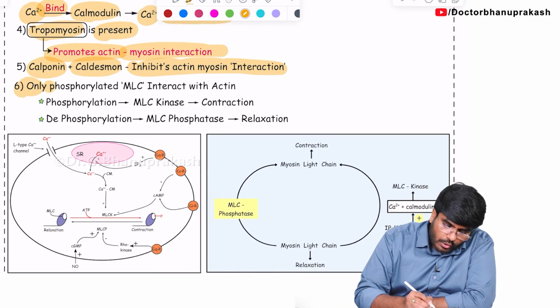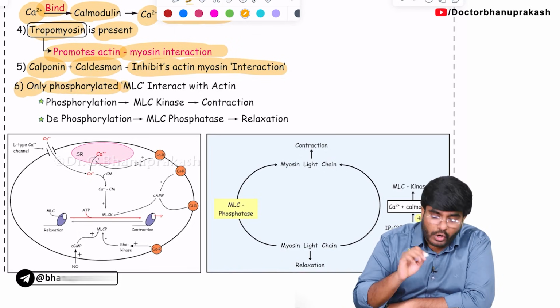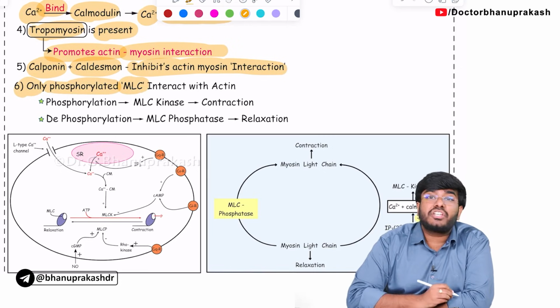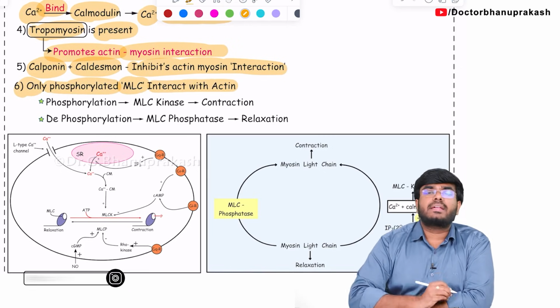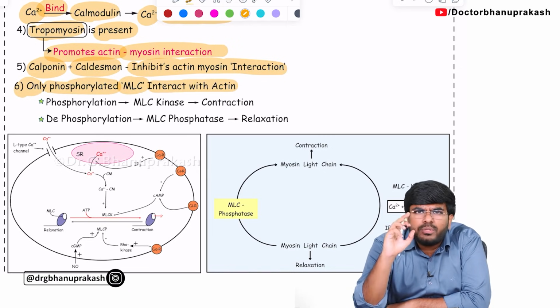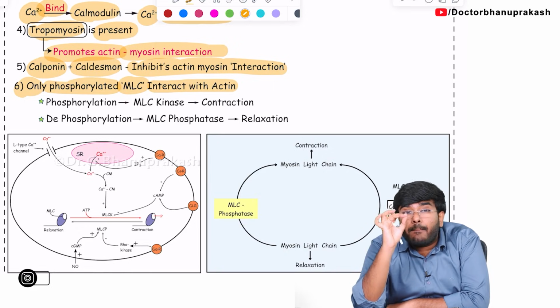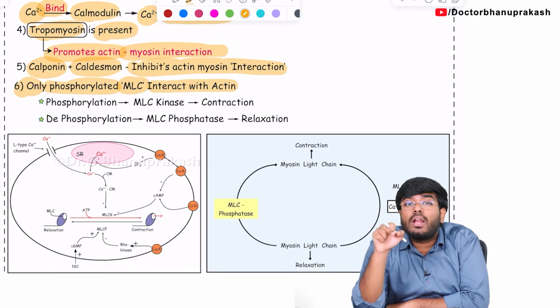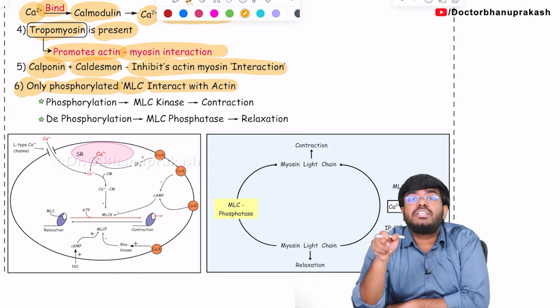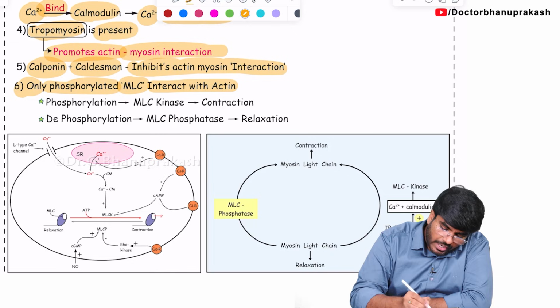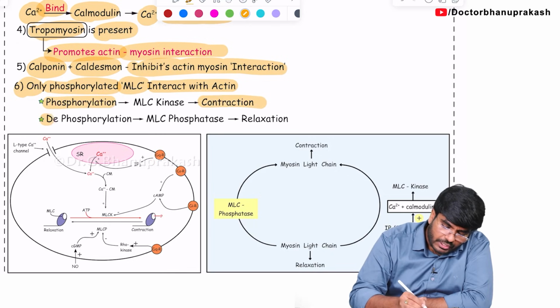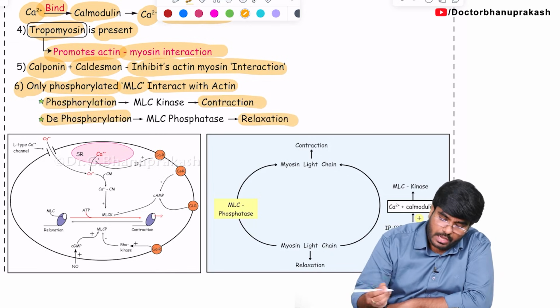Okay, only phosphorylated myosin light chain is going to interact with the actin. Means if you want the myosin to go and bind with the actin, the myosin light chain needs to be phosphorylated with the help of the enzyme called myosin light chain kinase. Phosphorylation is going to help in contraction, dephosphorylation is helping in relaxation.